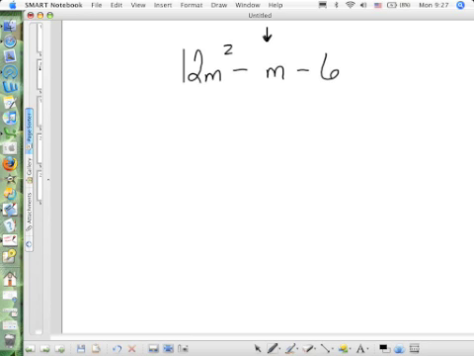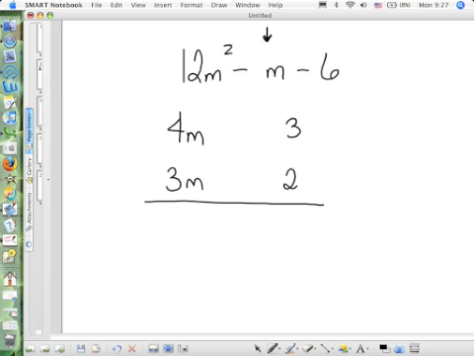So, because this middle term is so little, I'm going to start with 4 times 3 for my factors of 12, and 3 times 2 for my factors of 6. Now remember, when you cross multiply, if it doesn't work out the first time, it does not necessarily mean that your factors are wrong. They could just be in the wrong spot. But let's go ahead and do this.